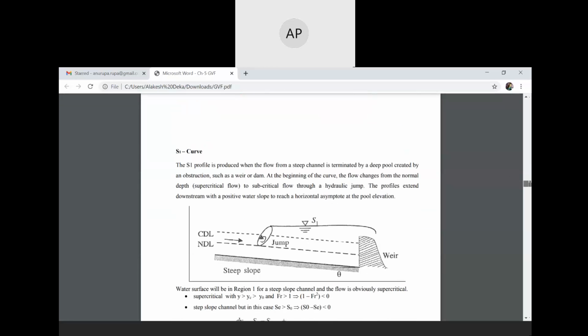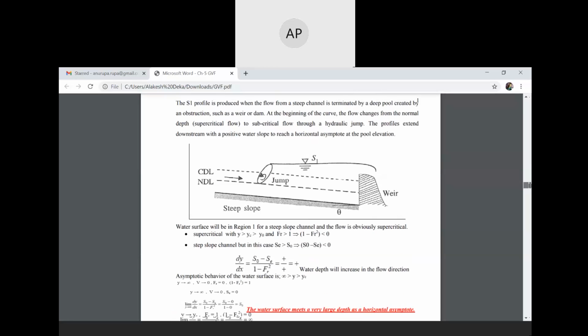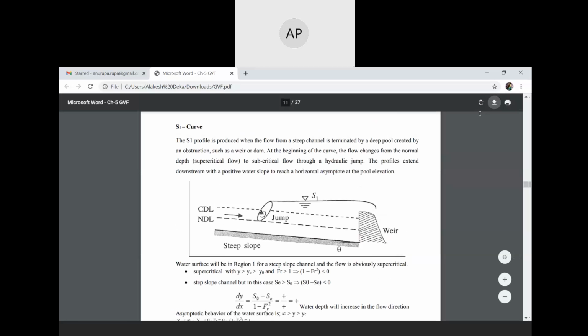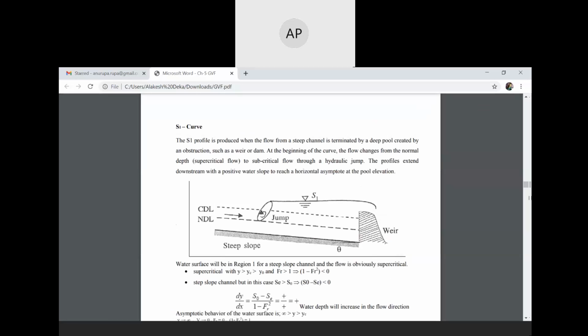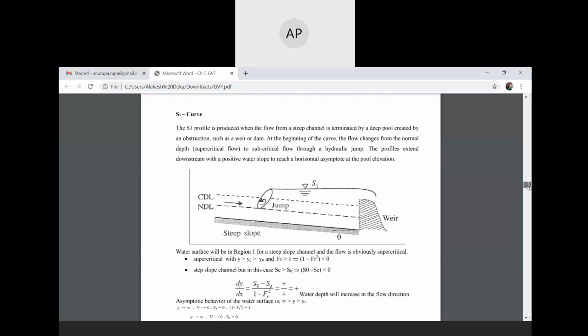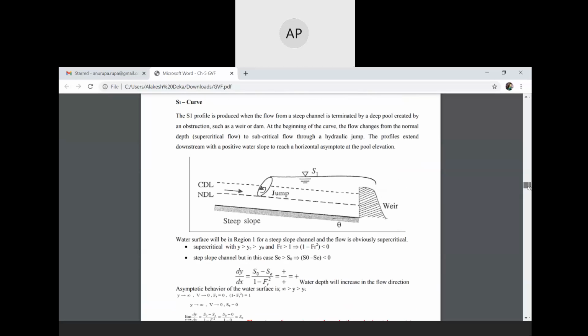And S curve. This is the condition of S curve. The S1 profile is produced when the flow from a steep channel is terminated by a deep pool created by an obstruction, such as a dam.